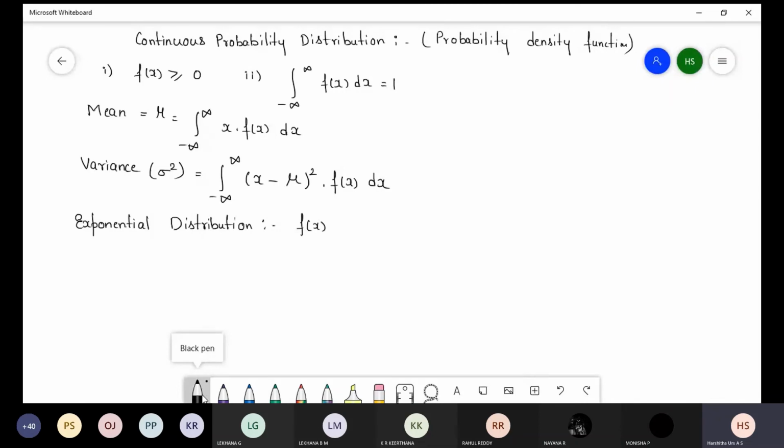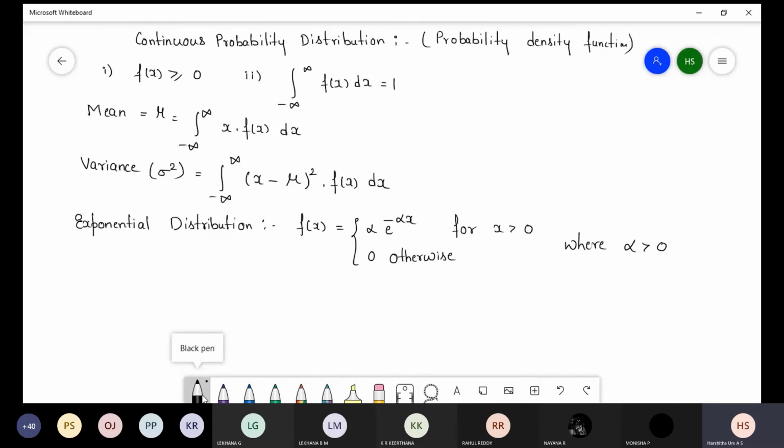F of x is equal to alpha e power minus alpha x for x is greater than 0, 0 otherwise, where alpha is greater than 0. This is the definition of the exponential.